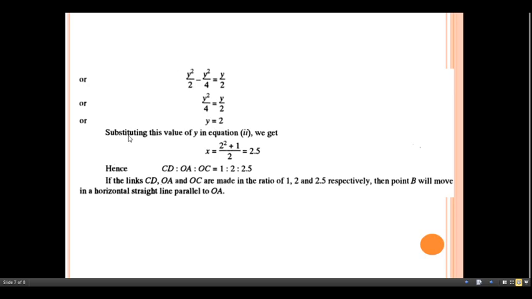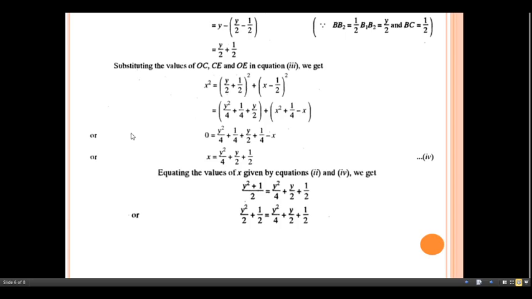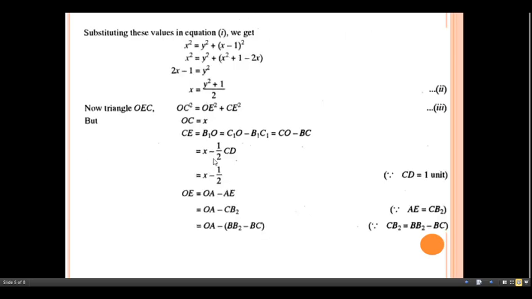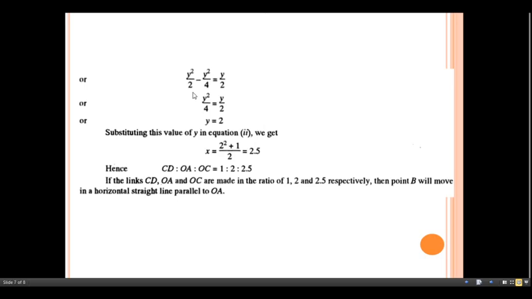Now substitute the value of y as 2 in equation number 4 or equation number 2. If I substitute y as 2, y square means 2 square plus 1 divided by 2 is nothing but 5 by 2, and we can get the value for x as 2.5.